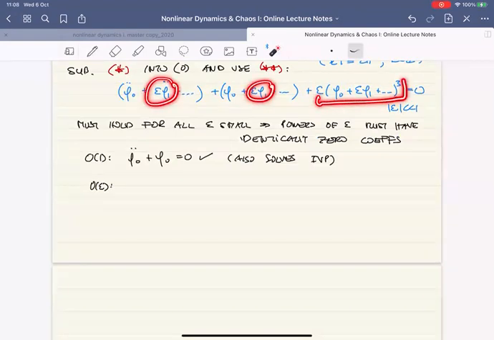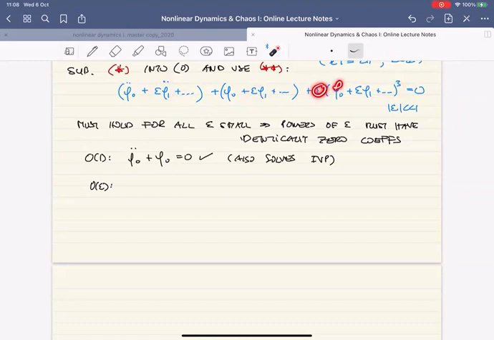And when I start working this out, I don't have to work too much to get the order epsilon terms, because this will be the epsilon times phi naught cubed, right? From this one. So if I collect those, then I get phi 1 double dot plus phi 1 plus epsilon times phi naught cubed equals 0.